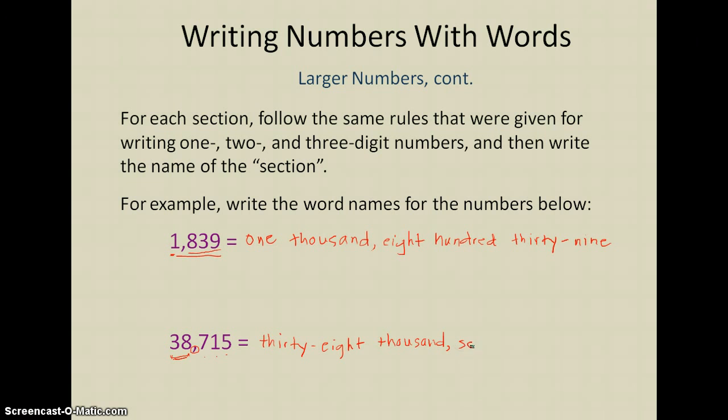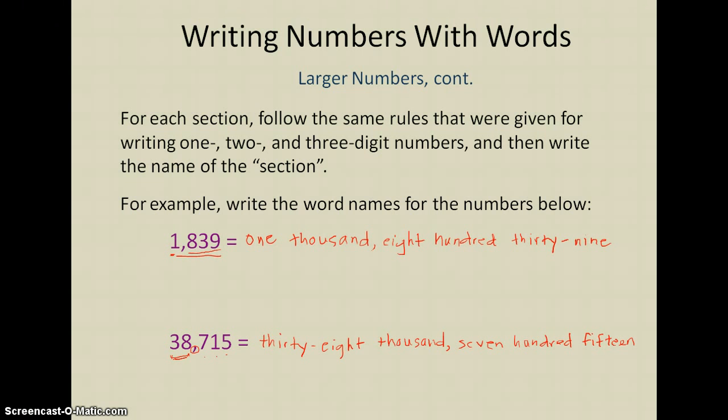And then I have 700 and 715. And 15 is just written with one word, so I don't need a hyphen there. So that's how I would write out the word name for that big number, 38,000, comma, 715.